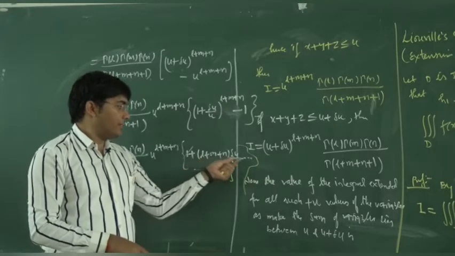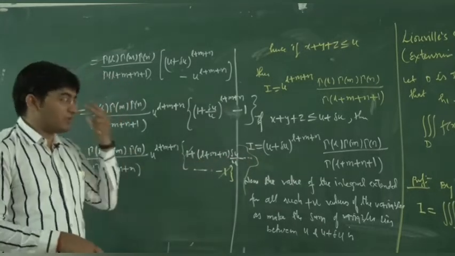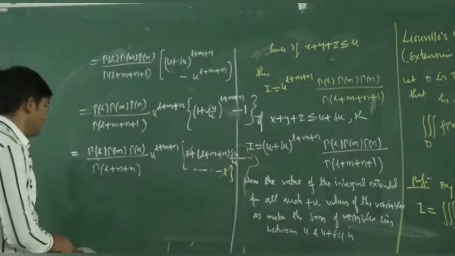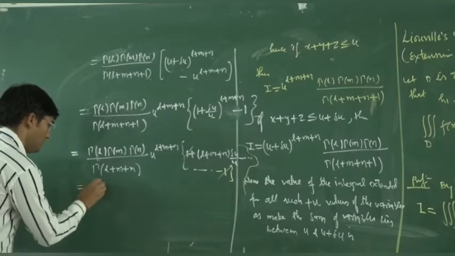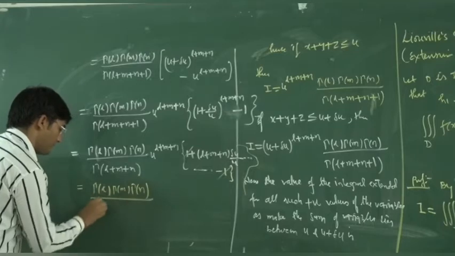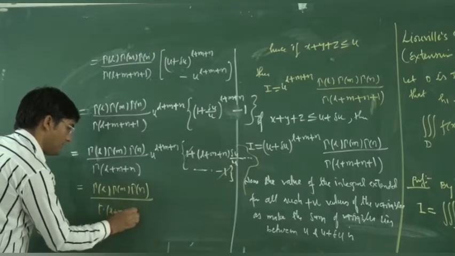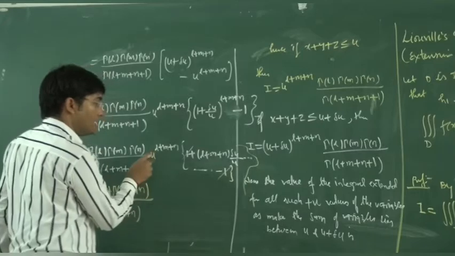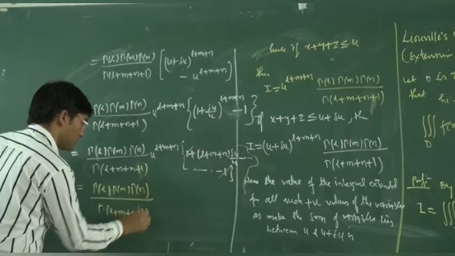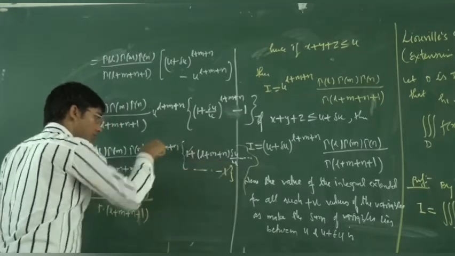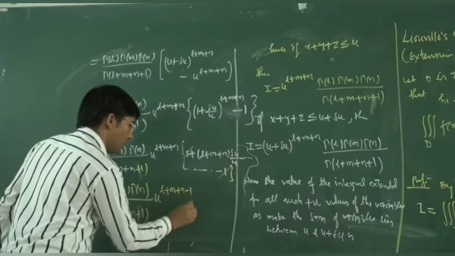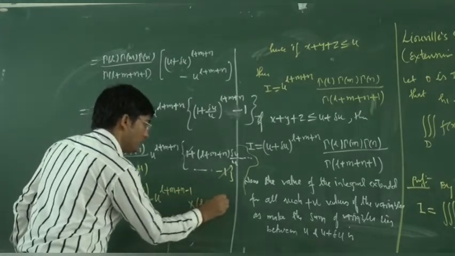So now I am neglecting the higher order terms, because delta u is a very small increment. On neglecting the higher order terms, this integral is equal to gamma L into gamma m into gamma n upon gamma L plus m plus n plus 1. Now this u will go in the numerator, so this will be u power L plus m plus n minus 1, multiplied by L plus m plus n, then delta u.